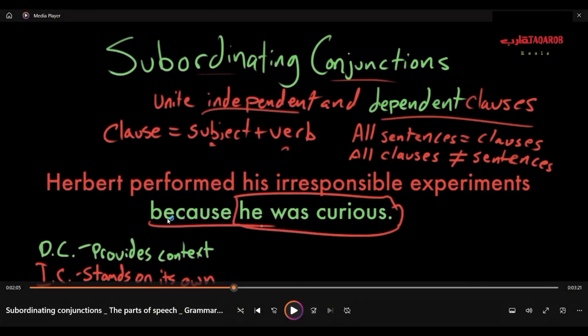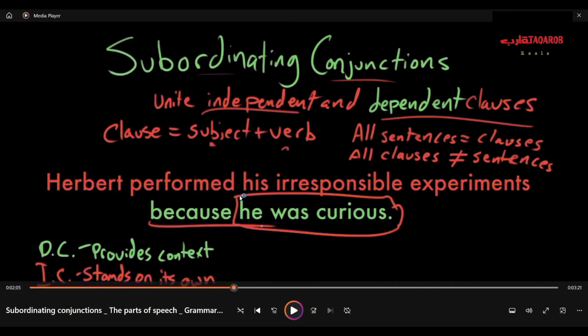But because he was curious asks more questions than it answers. Exactly. So as I told you, subordinating conjunctions come with the dependent clause. Actually, the subordinating conjunctions are what make the subordinate clause, or the dependent clause, dependent. Without the because, he was curious is a normal sentence, a normal main clause.